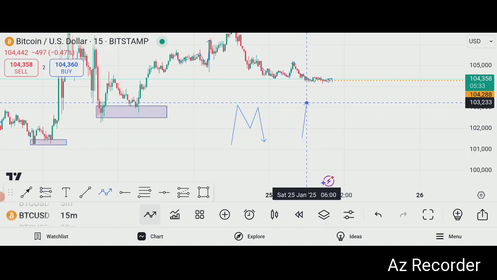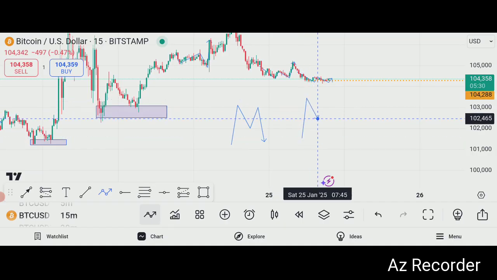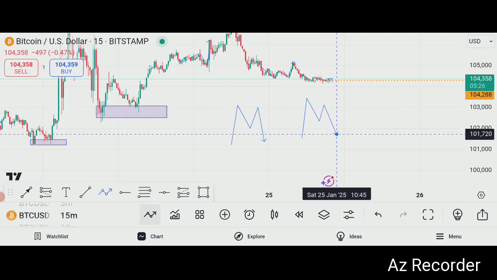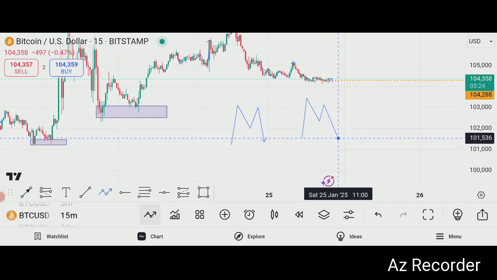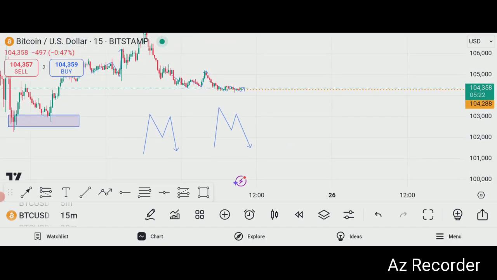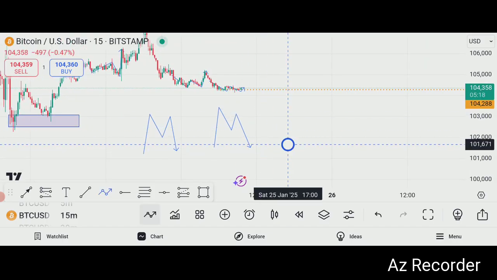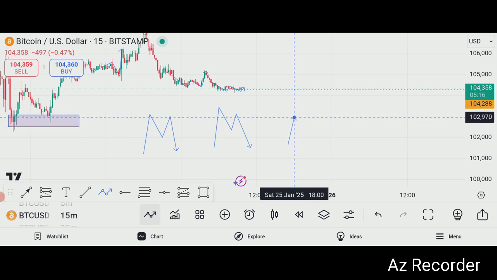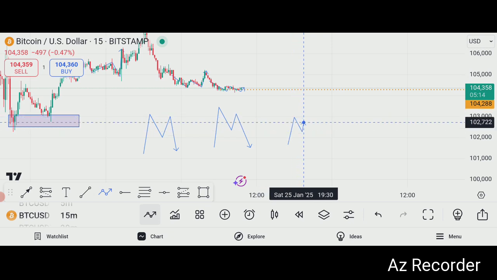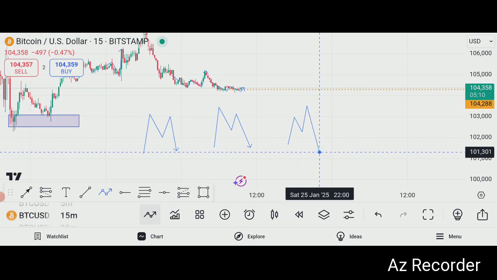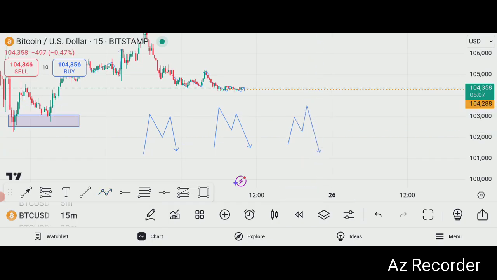Then it comes like this, and then like this. It comes in three ways. You can see the perfect M, and these other two are not perfect, but they are double tops.